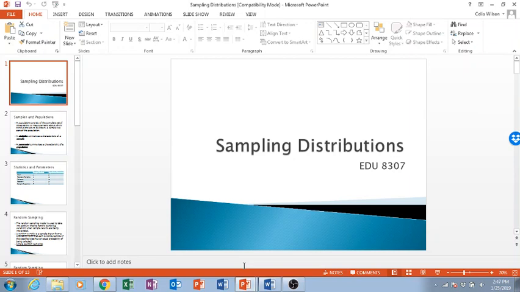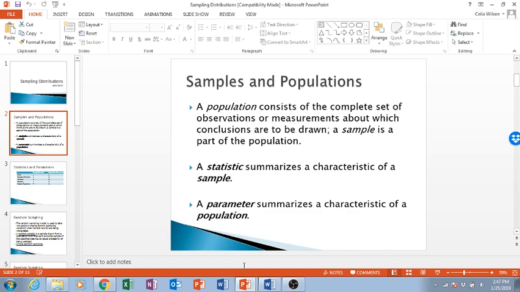We're going to do an activity at the end that I hope will help make it a little more concrete and less theoretical. So first, let's just think about samples and population. I may have said this before, but I just want to go over it again, the difference between a population and a sample.